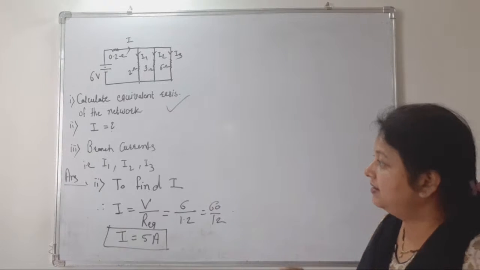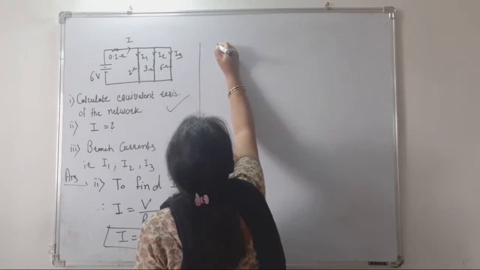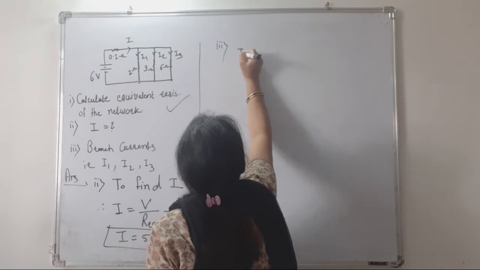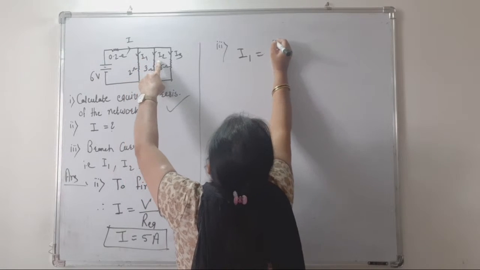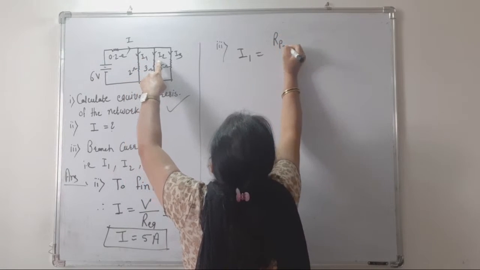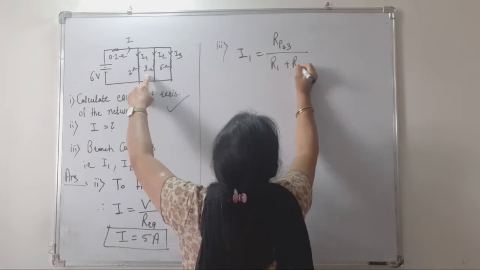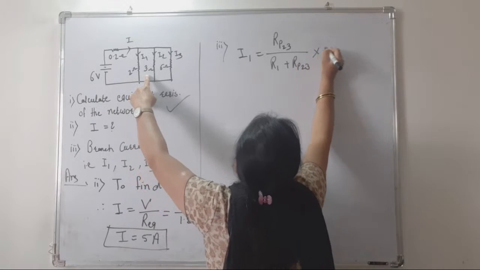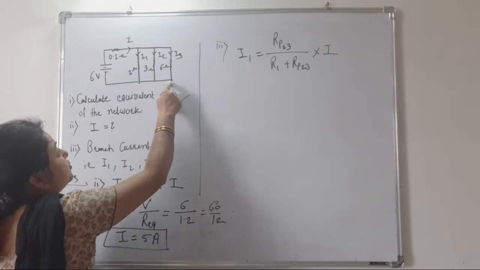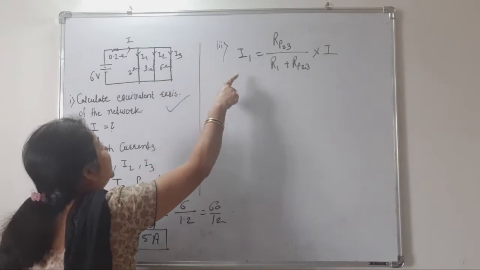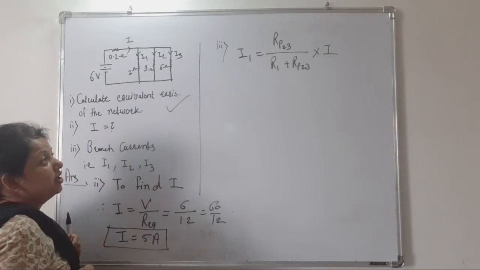Now after that, branch currents. How do you calculate that? I1 is equal to, calculate I1 here. What do you have to write? Rp23 upon R1 plus Rp23, multiplied by I. Means the parallel combination of these two resistances is at the numerator and at the denominator, this resistance plus the parallel combination of these two.